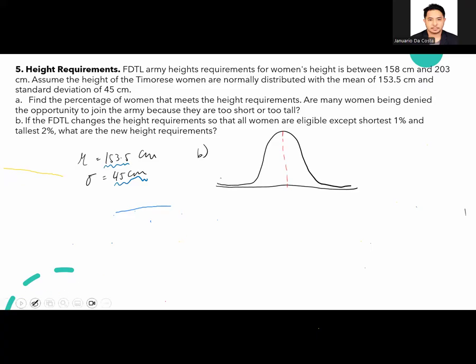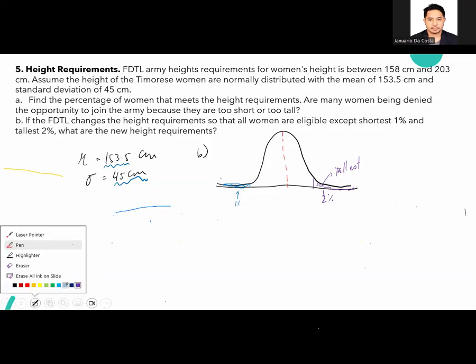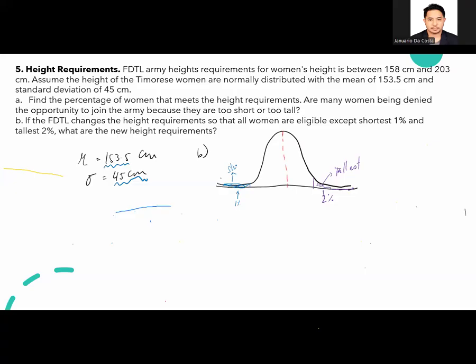So the shortest 1% is here, and the tallest 2% will be somewhere over here. So you want to find the area or the probability in between that, which will encompass the majority of the women.